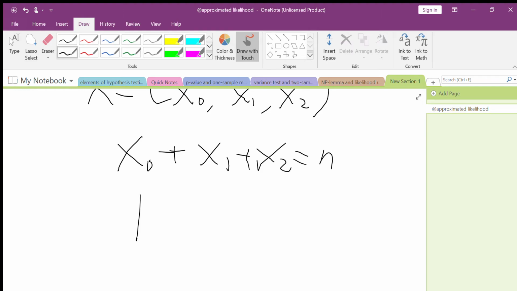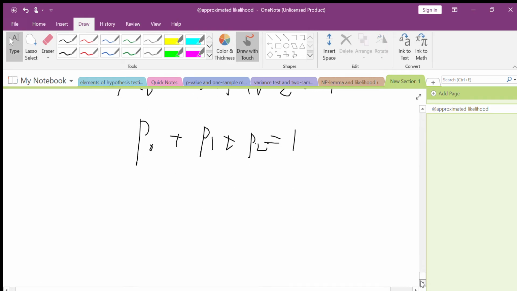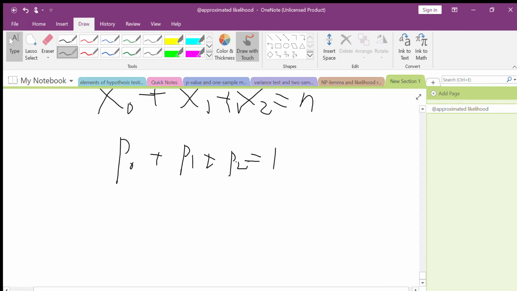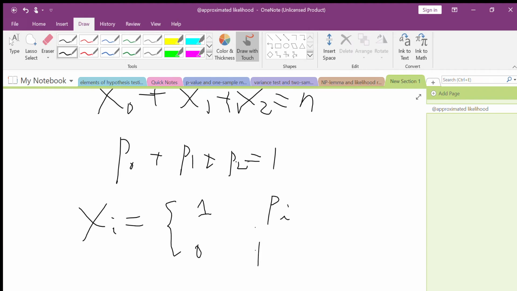The second constraint is P0 plus P1 plus P2 equals 1. So recall, for capital Xi, it takes value 1 with probability pi, 0 with probability 1 minus pi, i equals 0, 1, 2 in this specific example.